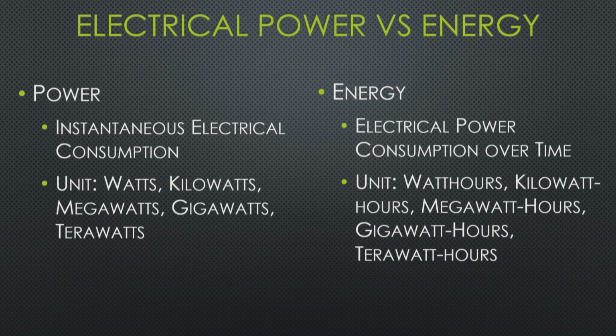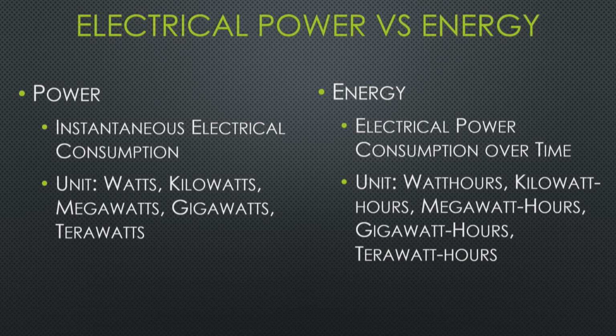Another topic that I think is widely misunderstood in the electrical realm is power versus energy. Power is just the instantaneous consumption value measured in watts or derivatives of watts. Typically you would see a light bulb rated at 60 watts. That's how much power it would consume at any given instant.